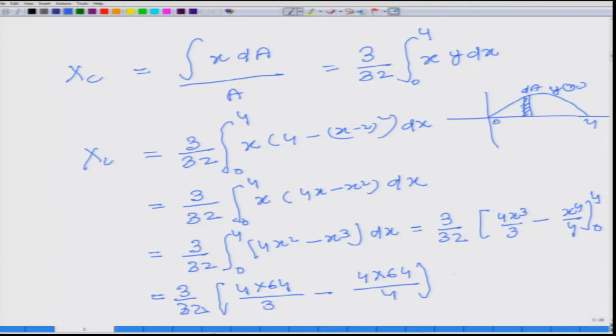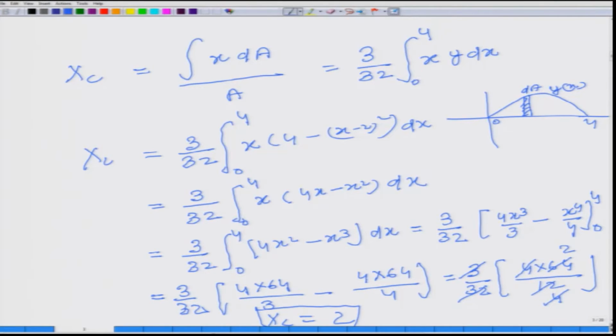So, this is nothing but 3 by 32 times (4 times 4 into 64 minus 3 times 4 into 64) over 12. So, this is 4 times 64 by 12. Is it okay? So, this will give 3 fours are 12. This is nothing but equal to 2. So, xc is equal to 2.